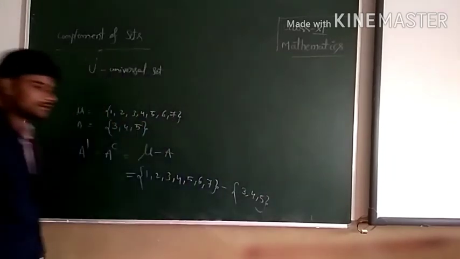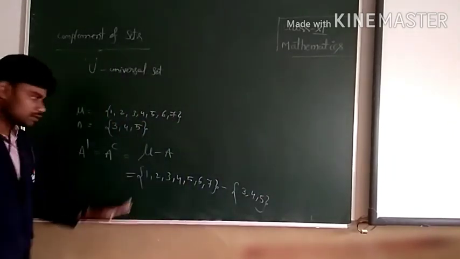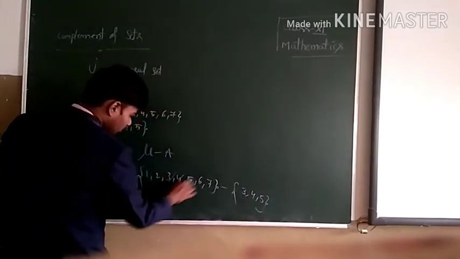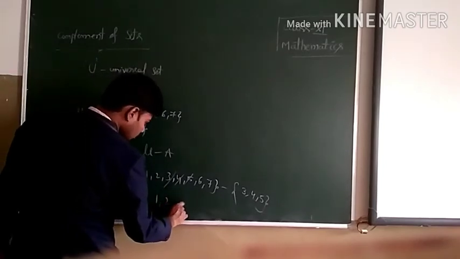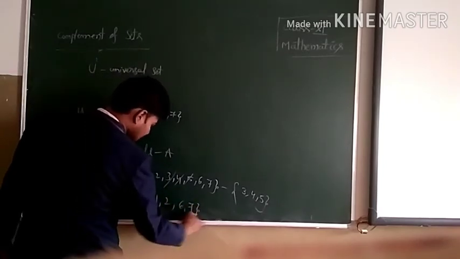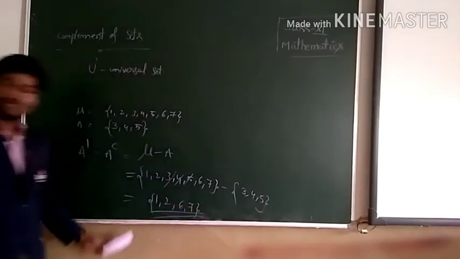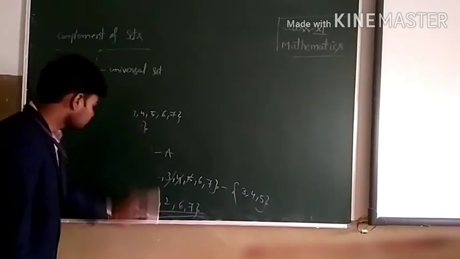A complement is the elements which belong to mu only. So here, removing 3, 4, 5, what are the elements in this set? 1, 2, 6 and 7. So that represents the complement of set A. Like this we can find the complement of any set.